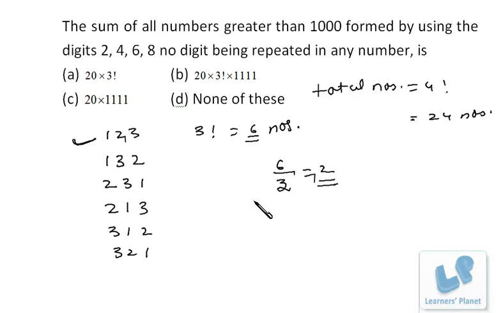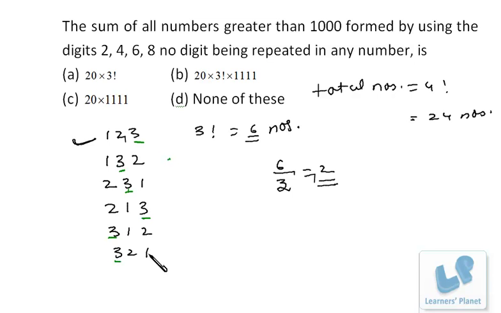We can observe this. Just look at number 3. 3 is 2 times at the units place, 2 times at the tens place, and 2 times at the hundreds place. Similarly all the other digits, right?